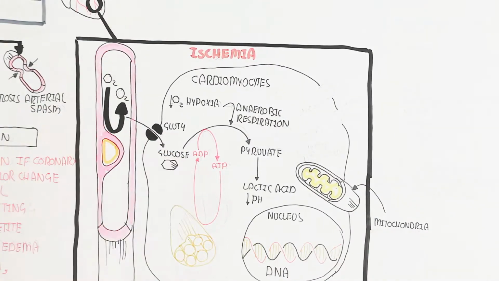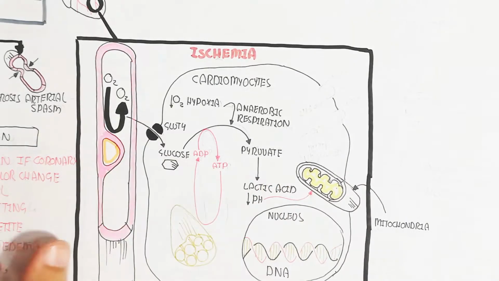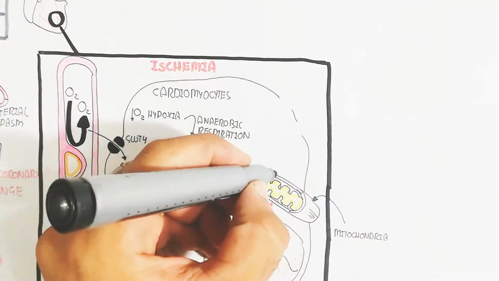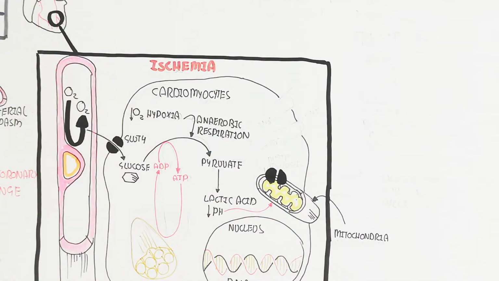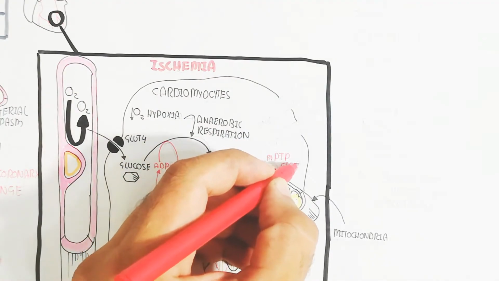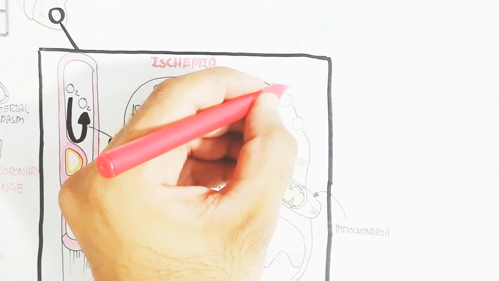So ADP will convert into ATP, and this ATP is used in myofibril contracture, which will decrease due to less ATP, and the pH will also decrease myofibril contracture.